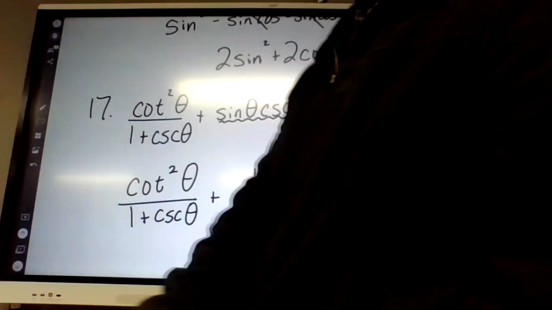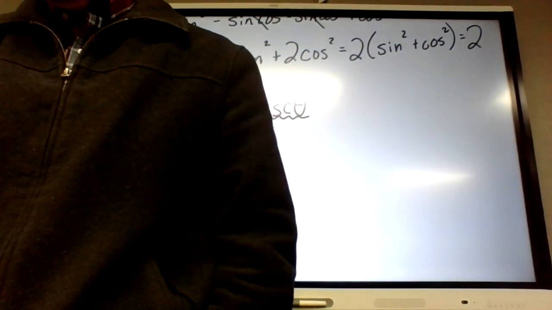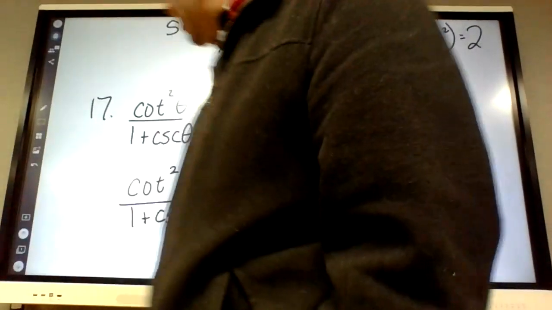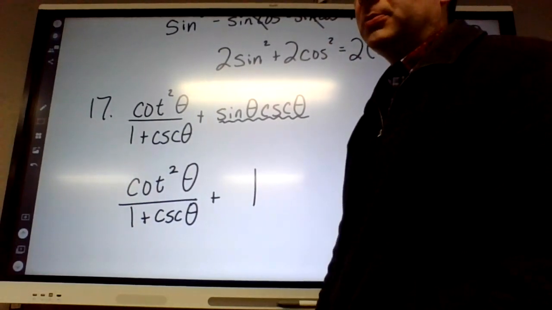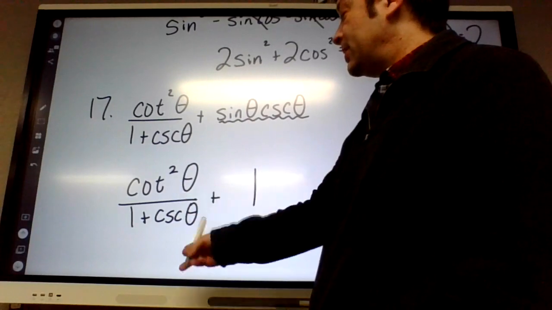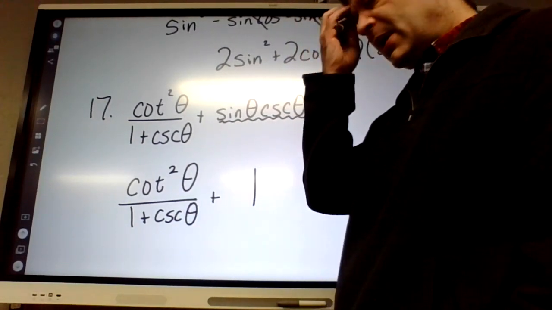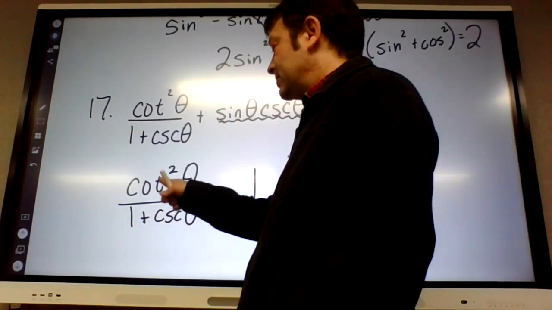Okay. So one of the formulas, we might have used this one once yesterday. It has cotangent squared in it and cosecant in it. So that's kind of a hint.